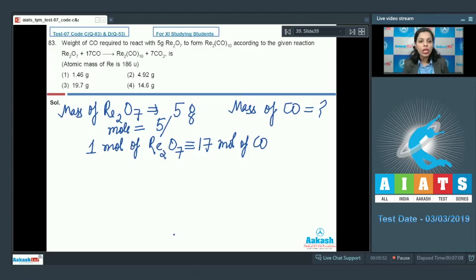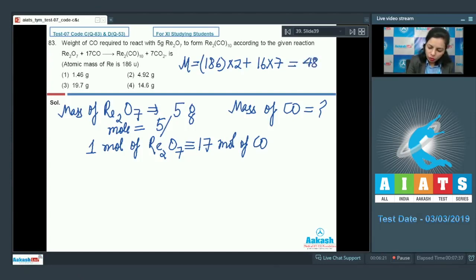What is the molar mass of this Re2O7? Its atomic mass is given 186 u. So the molar mass becomes 186 into 2 plus O7. It means atomic mass of oxygen is 16, multiply it by 7. And you will find out that its molar mass is 484 gram per mole. This is the molar mass of this rhenium oxide.